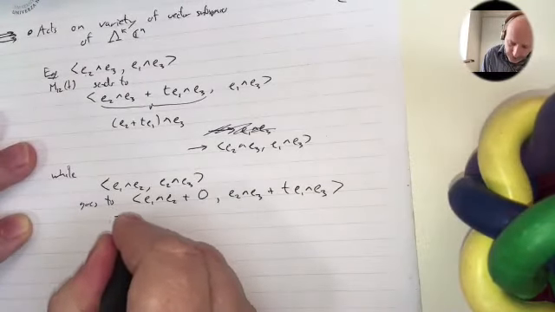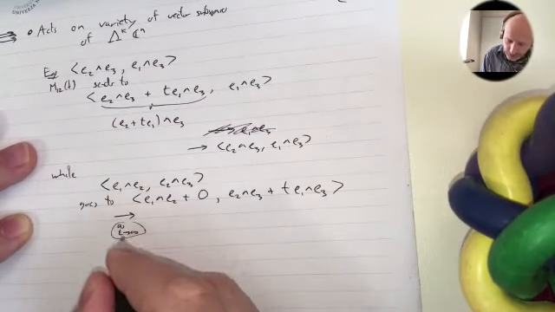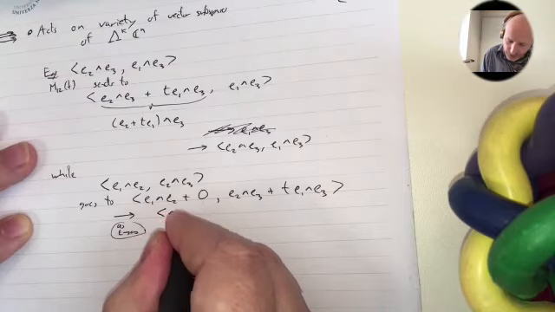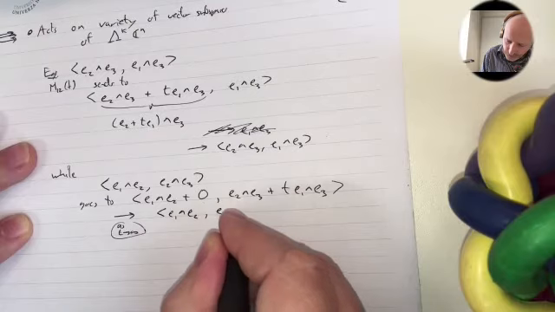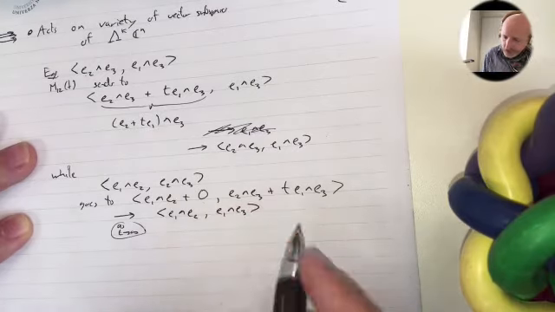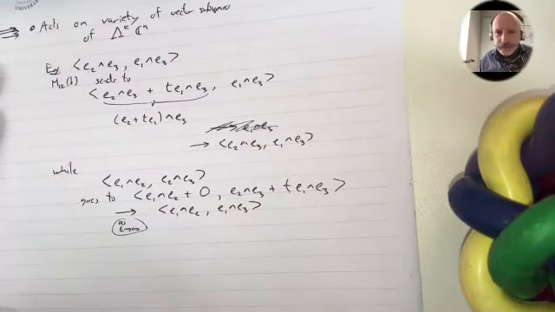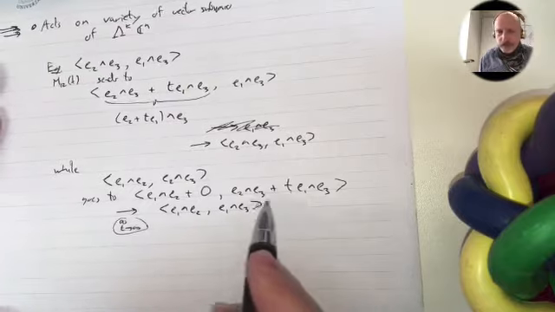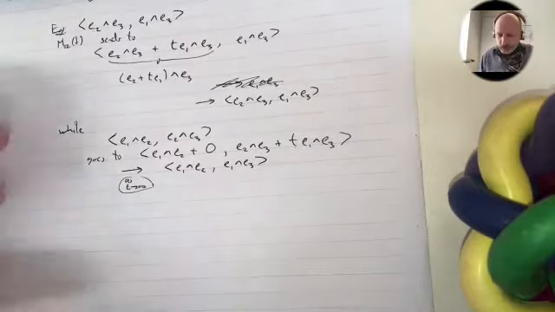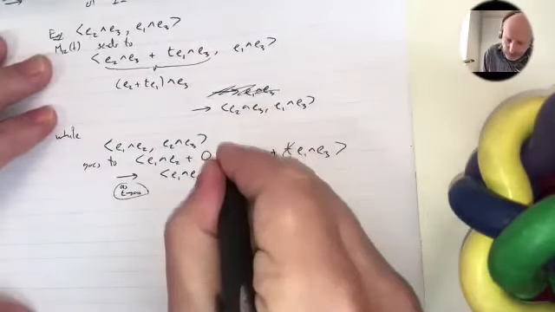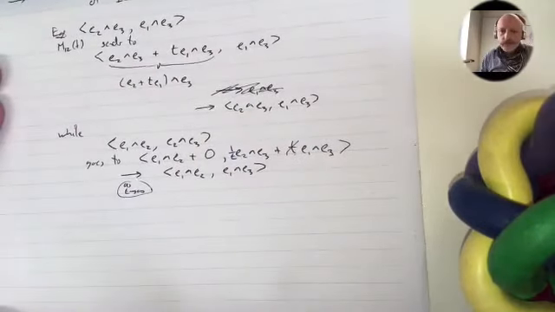Now, as T goes to infinity, this goes to E1 wedge E2 and E1 wedge E3, where I'm skipping the step where I divide both of these by T again. Okay, so I can always keep renormalizing.